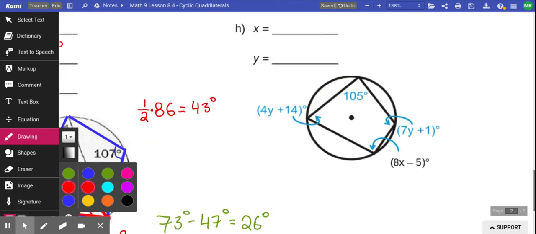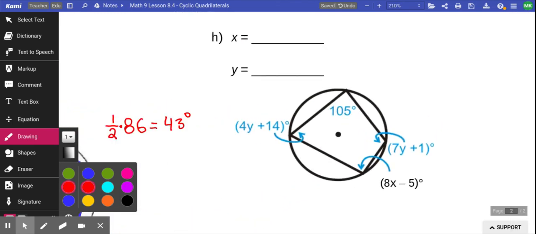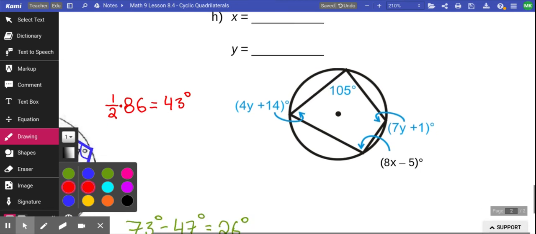Okay, this one's not so hard. It's just algebra. So we're going to use a couple different rules. The first rule is to remember that opposite angles on the inside of a quadrilateral should add to be 180.